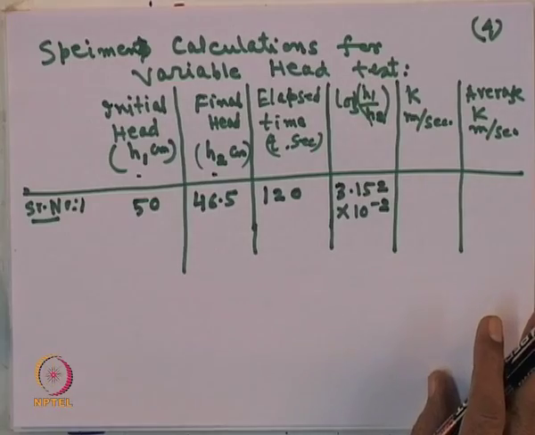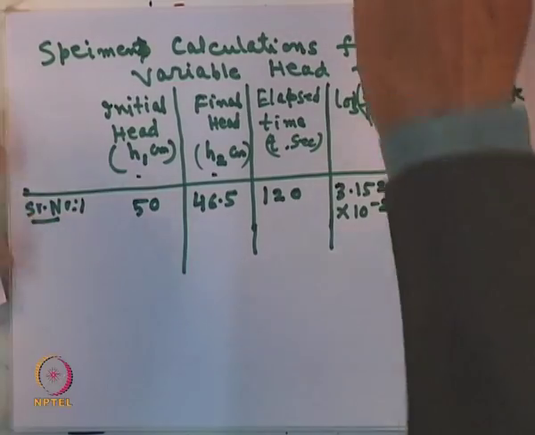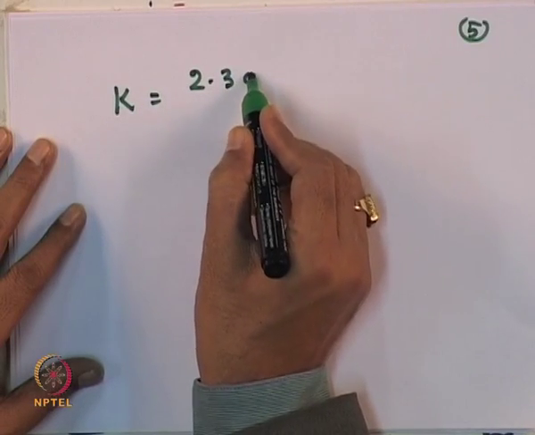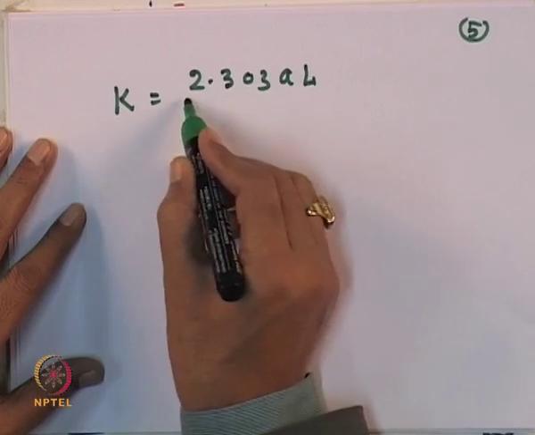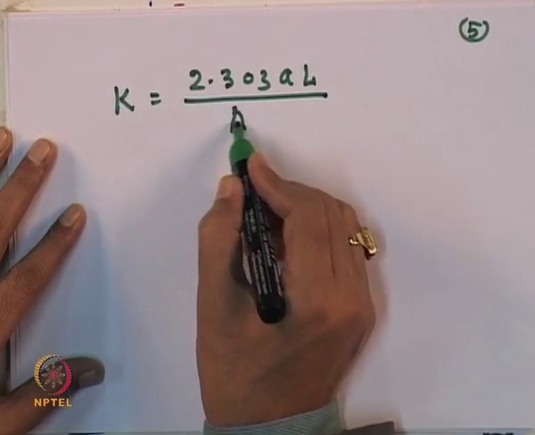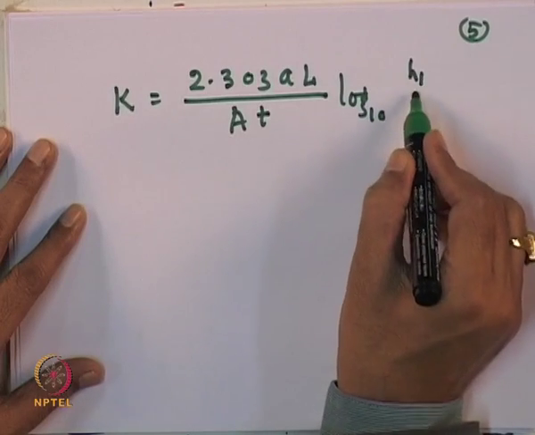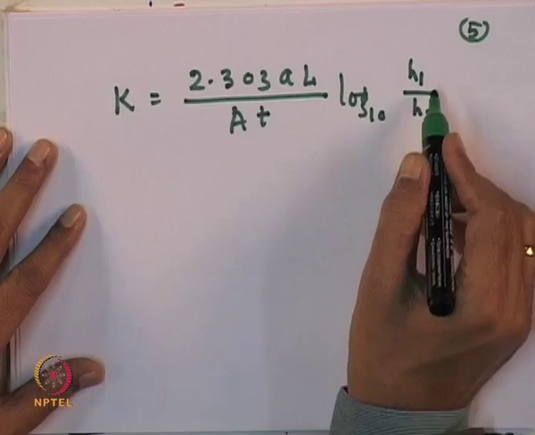Let us say the coefficient of permeability of the soil for the serial number 1, that is k is equal to 2.303 a into L divided by A into t into log of h1 divided by h2.